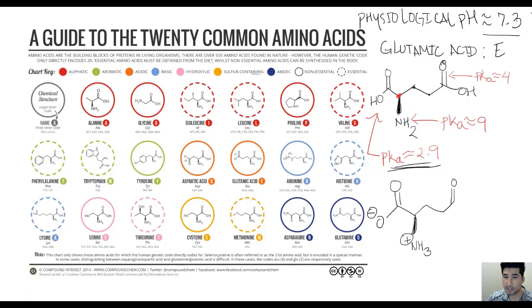When the pH is greater than the pKa, you must deprotonate. So again, the top glutamic acid is the correct way to draw it when they just ask you to draw glutamic acid. But if they give you a pH, here it's 7.3, this is the correct way to draw it.